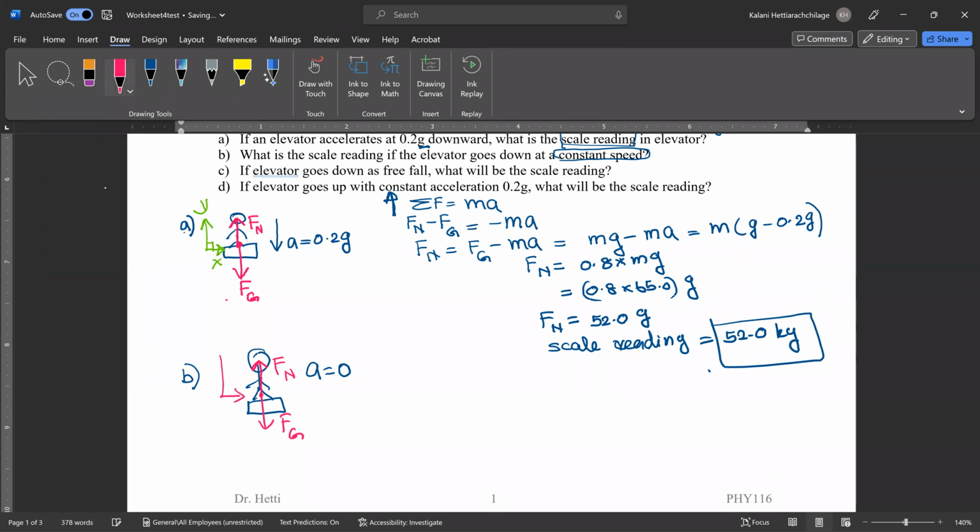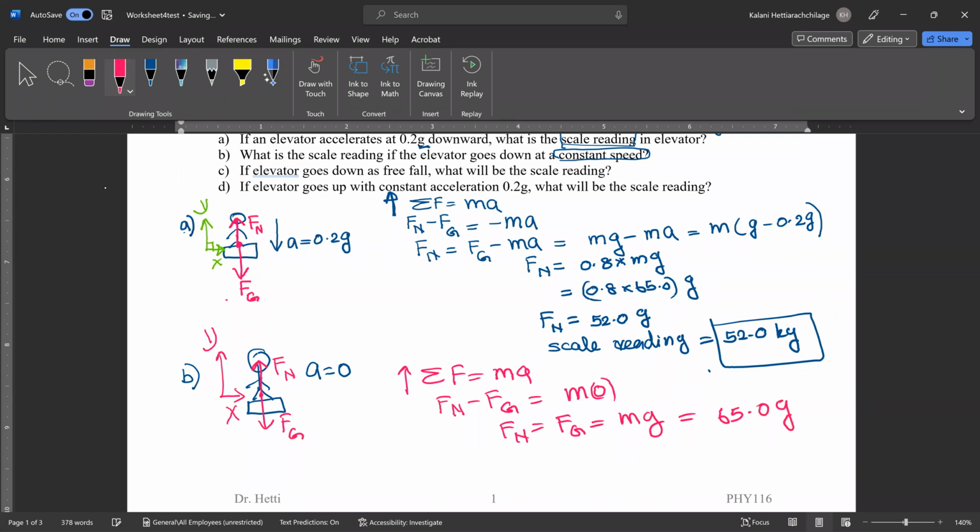I have the y direction and x direction, and we're going to use the upward direction: net force equals mass times acceleration. The upward force is normal force minus Fg equals mass times acceleration, which is now 0. Because of that, the normal force equals the force of gravity, which equals m times g, that is 65.0 mg. So the scale reading is equal to 65 kilograms.